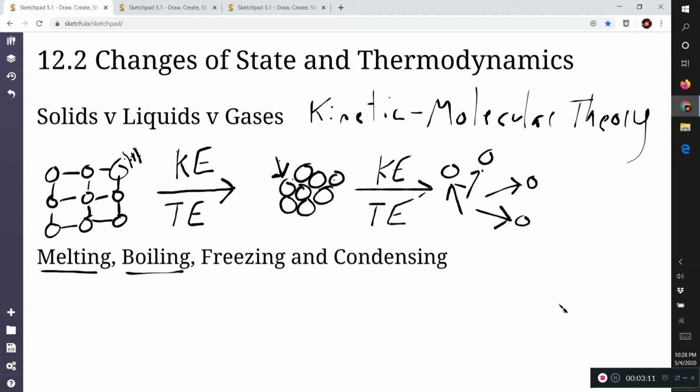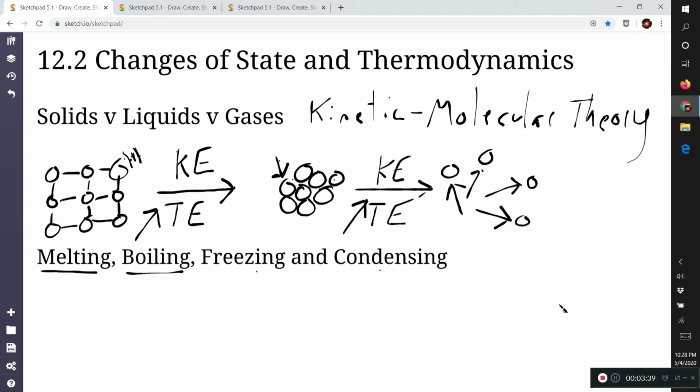Melting is the process where you add enough kinetic energy to transfer a solid into a liquid. Boiling or vaporizing is where you add enough kinetic energy to break that apart and turn the liquid into a gas. Freezing and condensing are the opposites, which means those are actually getting rid of thermal energy.